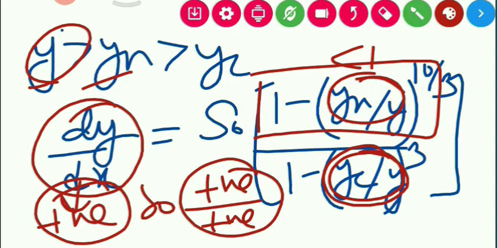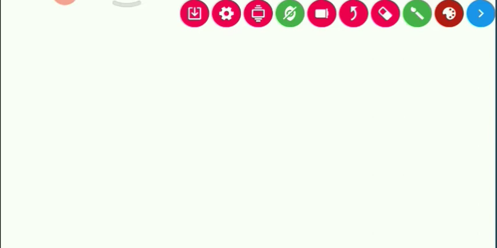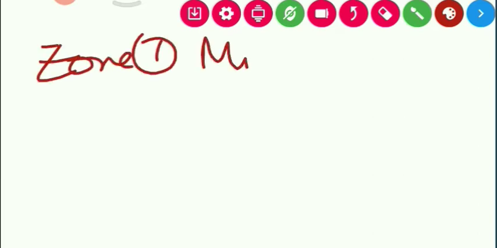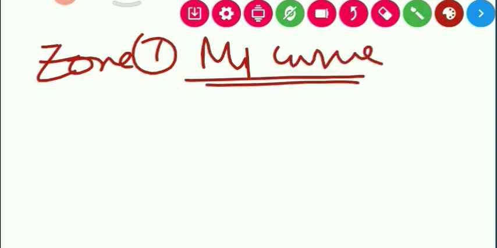Okay, this indicates the M1 curve. The curve which lies in zone 1 will be termed as M1 curve.